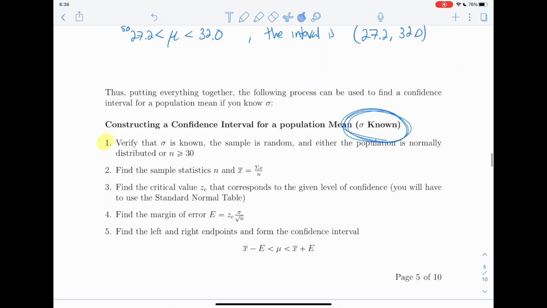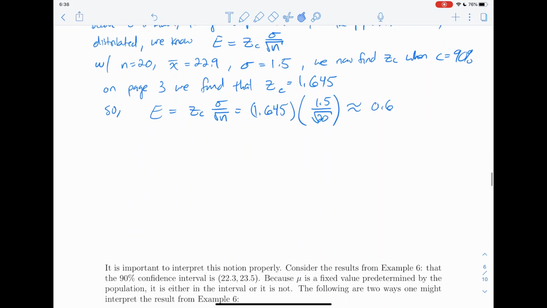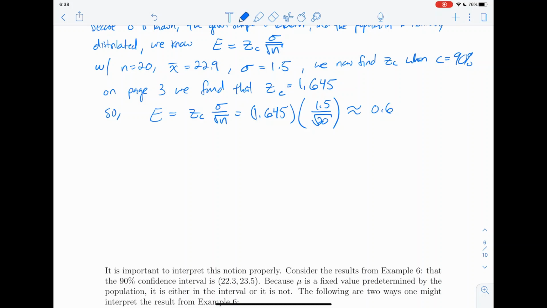Remember that based on our process here, the confidence interval is taken down here, where the left endpoint is x bar minus E, and the rightmost endpoint is x bar plus E. So what we're going to end up writing here is those computations. X bar minus E, if x bar is 22.9 and E is 0.6, this is going to be 22.3, and x bar plus E can be computed to be 23.5.